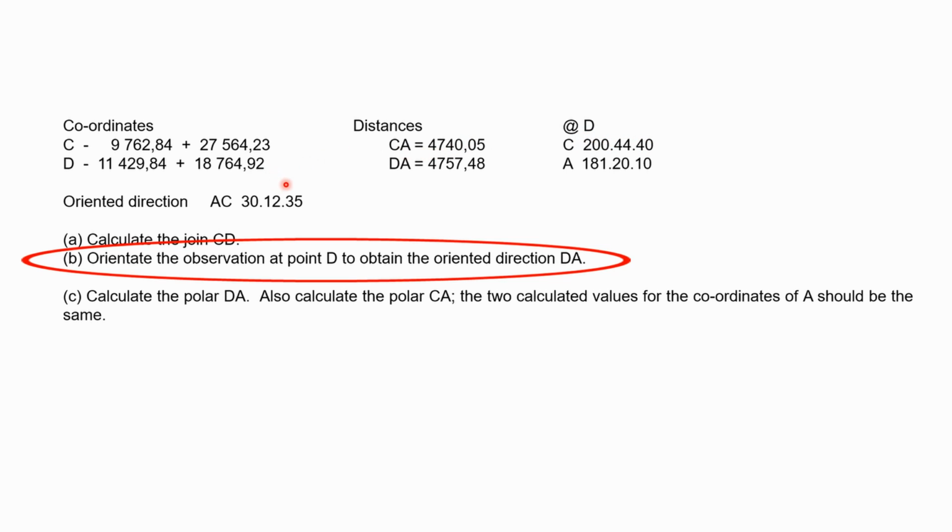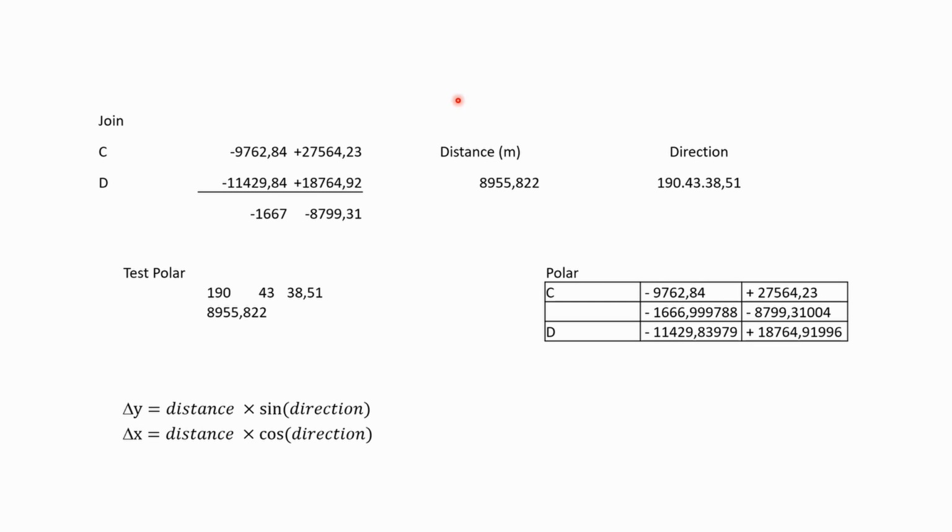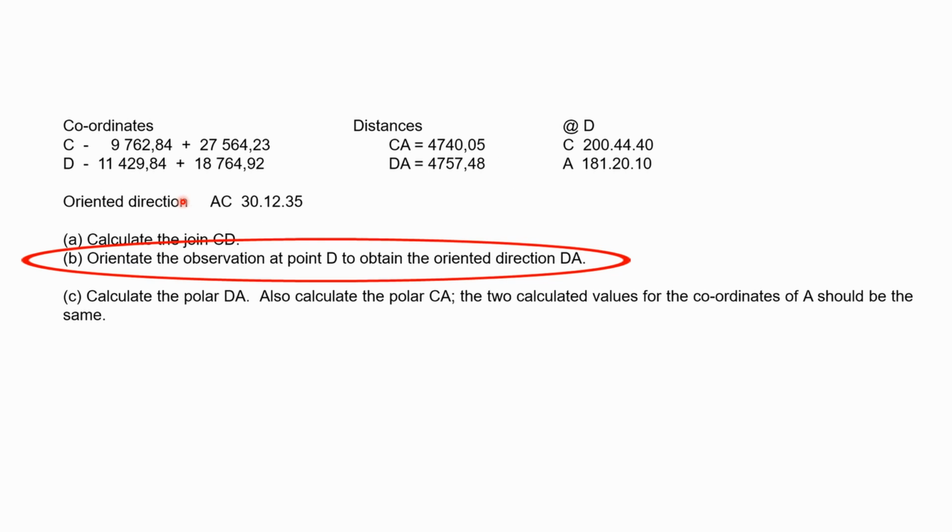Looking at the information we have, AC is our orientated direction, but that will not help us. However, if we go back to our previous calculation, we see that we have a direction for C and D. So we use C and D to orientate our DC and DA. We have CD, which we just calculated.